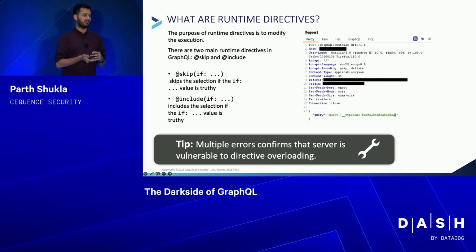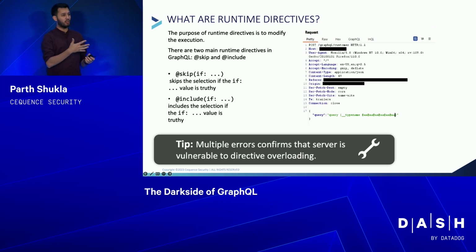I don't really care if @skip is there, @elephant is there, or @dog is there. No one really cares. You are here to exploit the server, because I can call any directive I want.